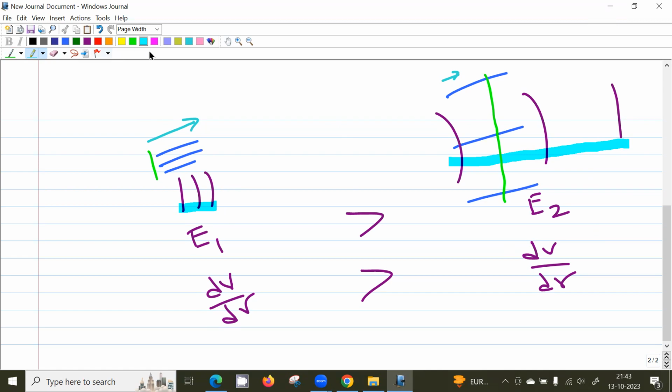Another thing is the angle between the electric field and the equipotential surface will be 90 degrees. Field lines are curves, but equipotential surfaces are surfaces.